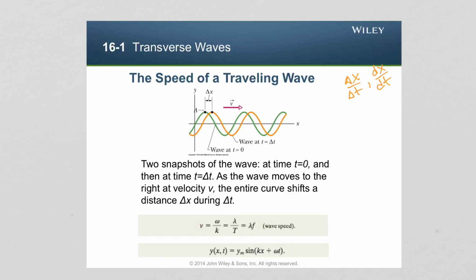Since this problem is about the propagation of the same wave down the rope, that means that the phase of this wave remains constant. So kx minus omega t is equal to a constant.